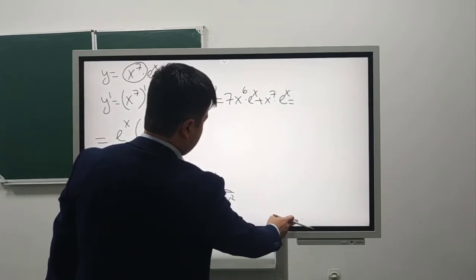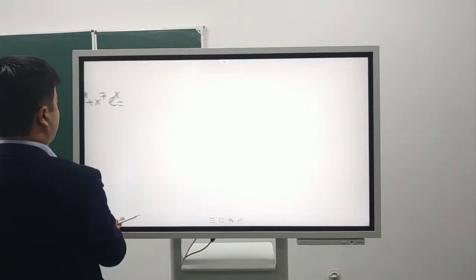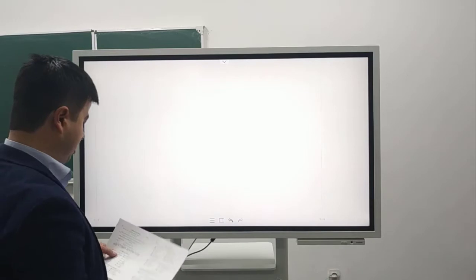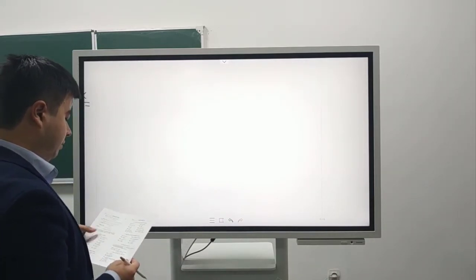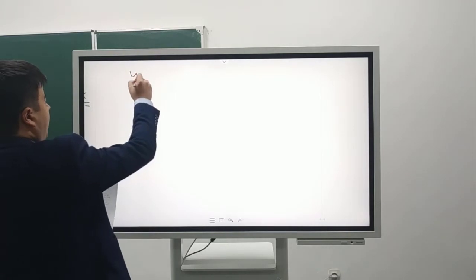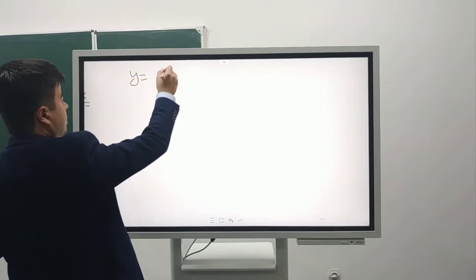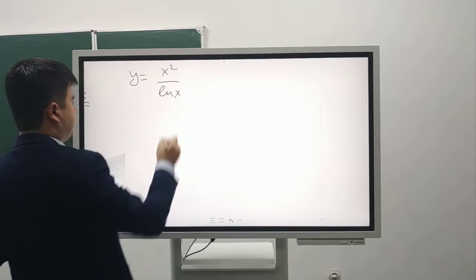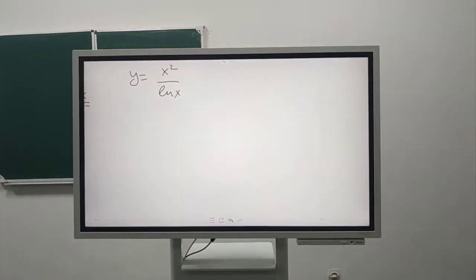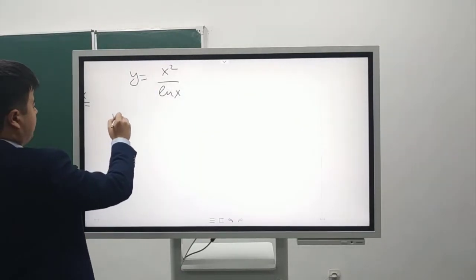Okay, now let's move to the next example. Here we have the following one: y equals x squared over natural logarithm of x. And let's solve this example. Find the derivative of this function.